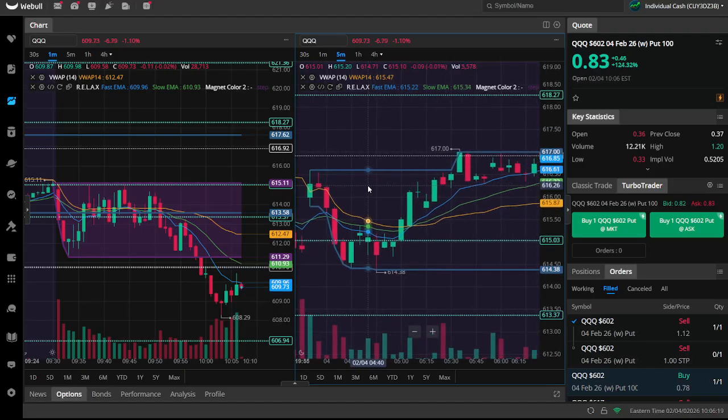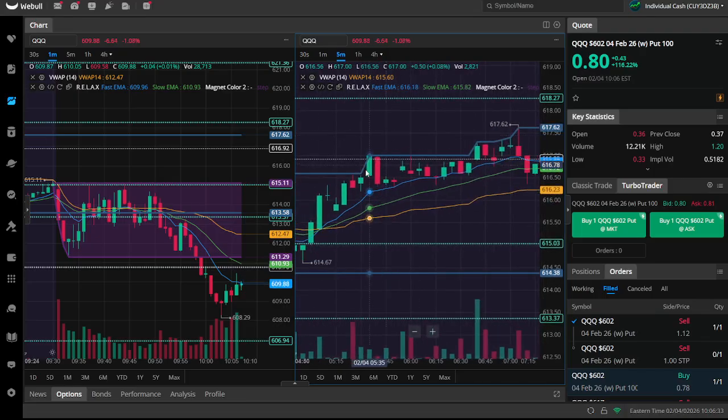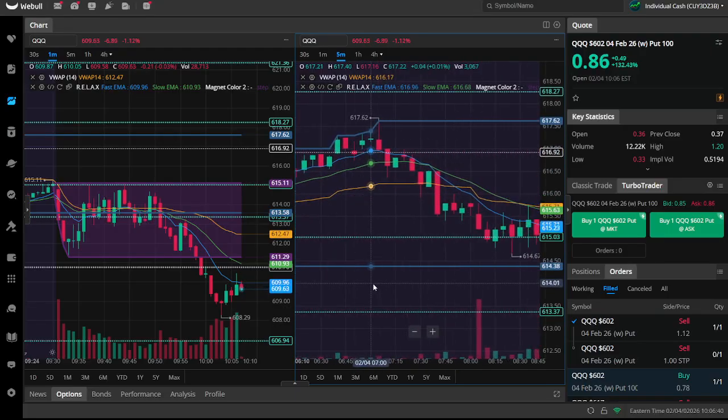Now, I'm lazy, so I don't like to chase prices. So starting at 4 a.m., I have it automatically drawing these lines with the indicator, and it finds what the highs and lows are of the pre-market range.